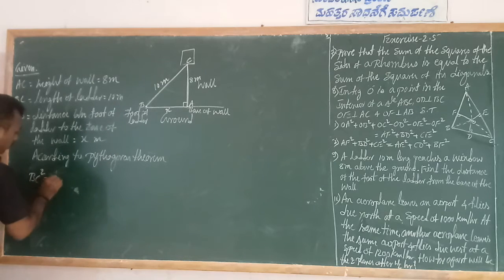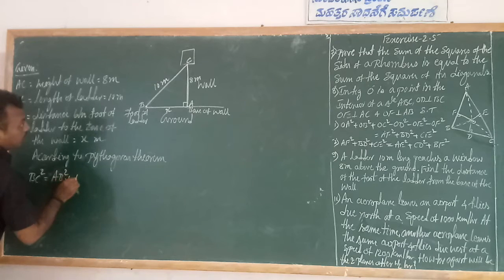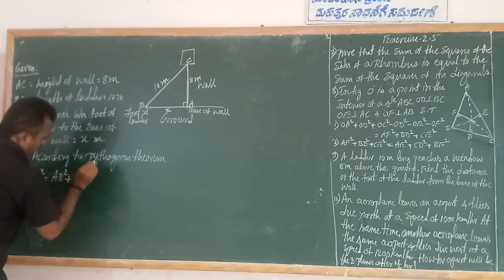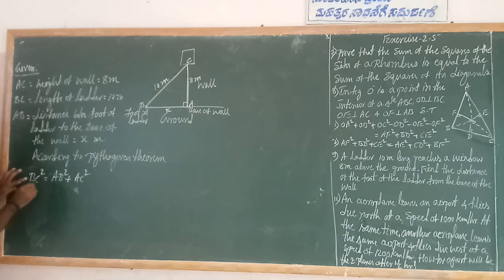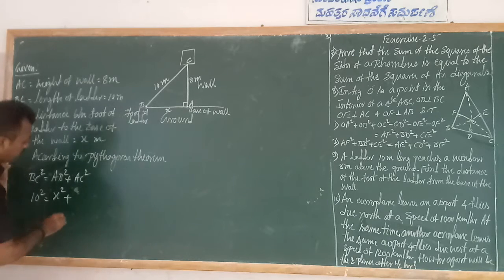That means AB square plus AC square. Now BC square, BC is 10, so 10 square. Now AB we want to calculate, that means x square, plus AC square, and AC is 8 square.